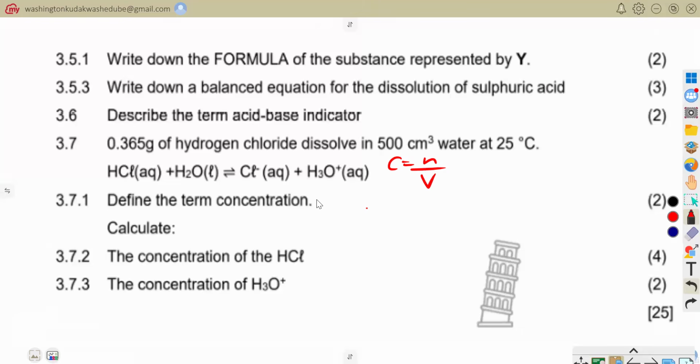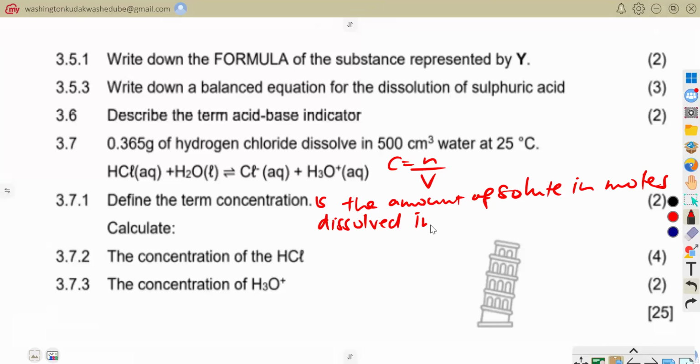So you can say concentration is the amount of solute in moles dissolved in a unit volume, in a unit volume of 1 decimeter cubed, or in a unit volume that is measured in decimeter cubed.